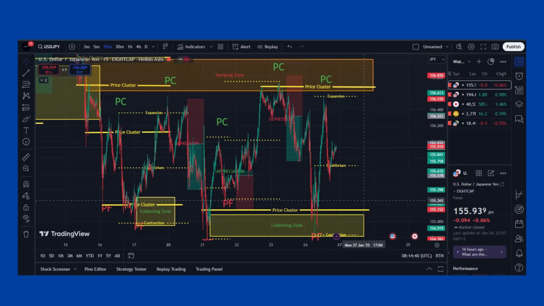As you know, the Bank of Japan has already increased their interest rate in order to strengthen their currency. So if the Fed does the opposite on Wednesday, we'll see this pair going in a downward direction. However, if they keep the interest rate unchanged, we'll see this pair gaining strength to the upside. So that's what I'm expecting for the next week.